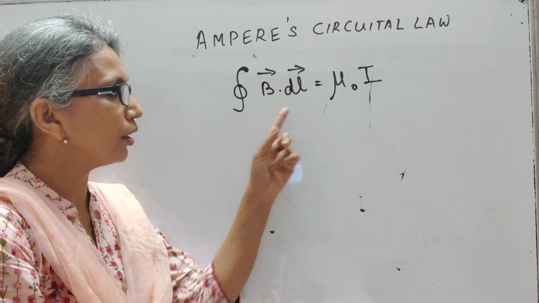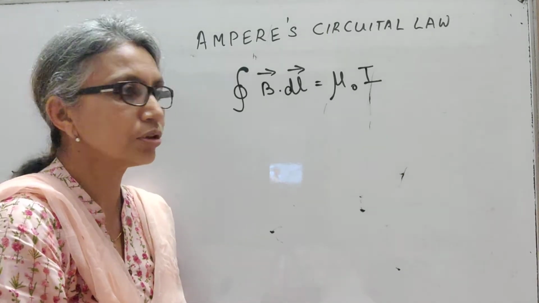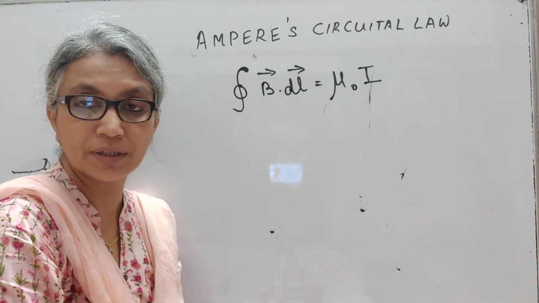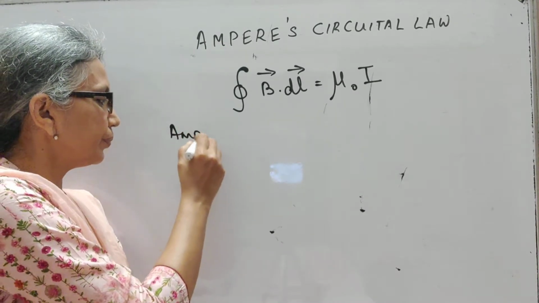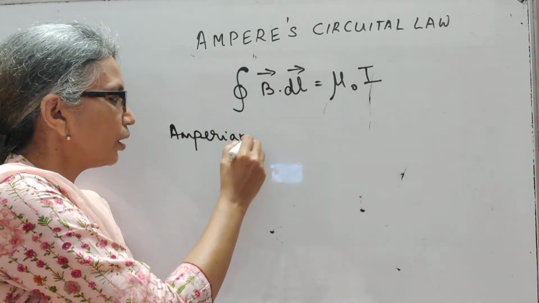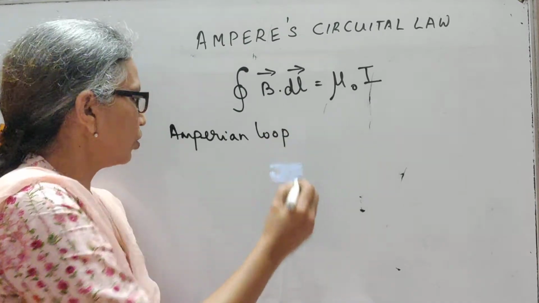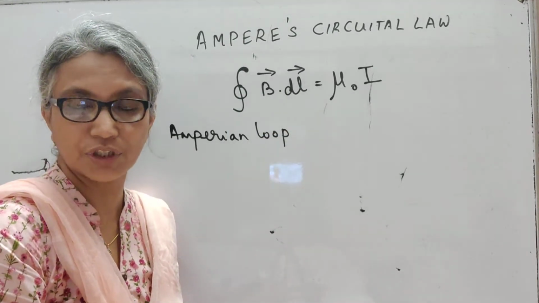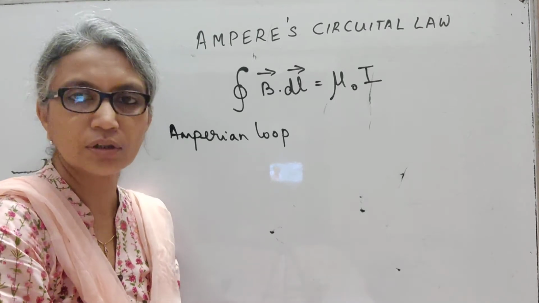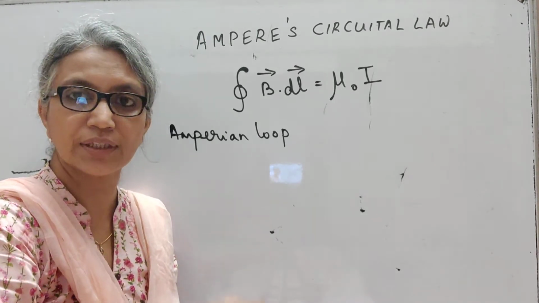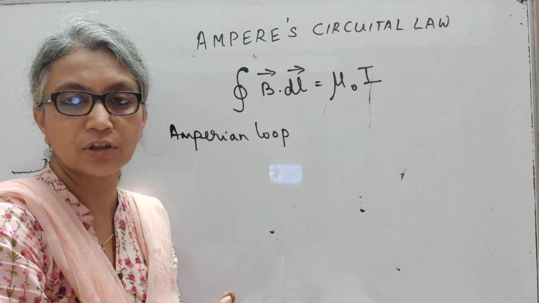Now I'm going to introduce something called the Amperian loop. Just like we had the Gaussian surface in the first chapter, we have the Amperian loop in this chapter. What is a Gaussian surface? A Gaussian surface is any closed surface that encloses a charge.